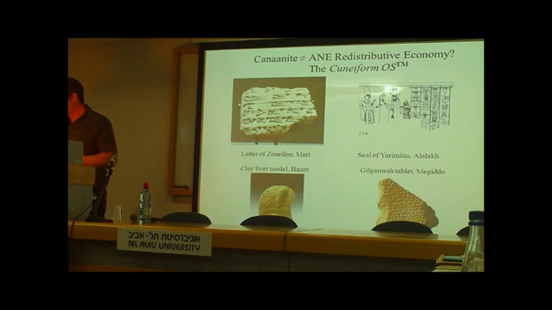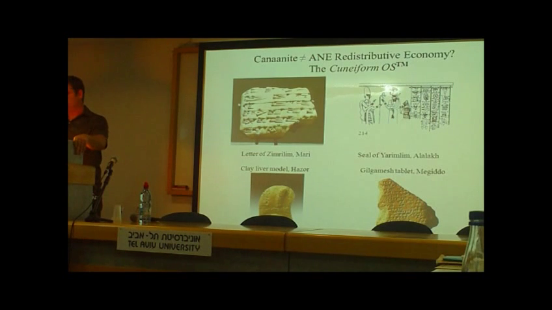Also there's another problem of redistributive economy. That is what may be called the cuneiform operating system, which included everything. Everything ran on cuneiform in the ancient Near East.